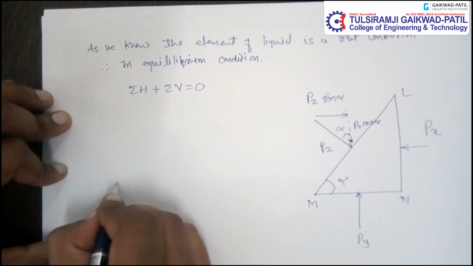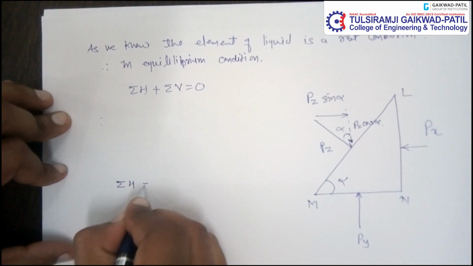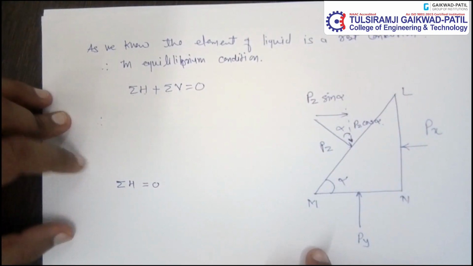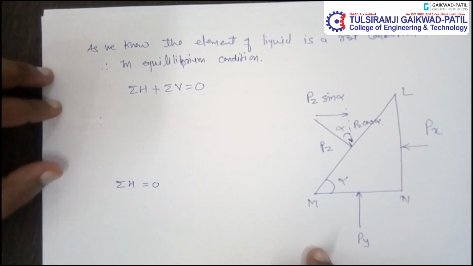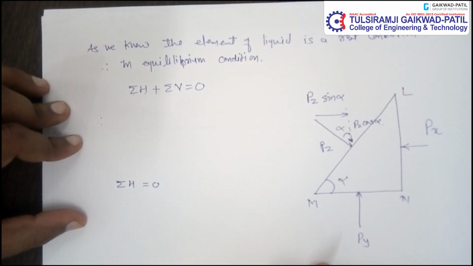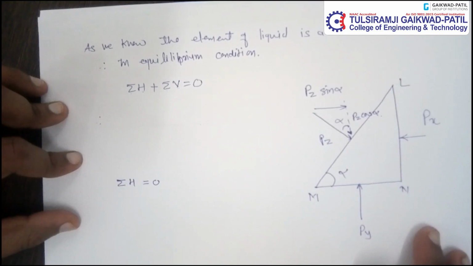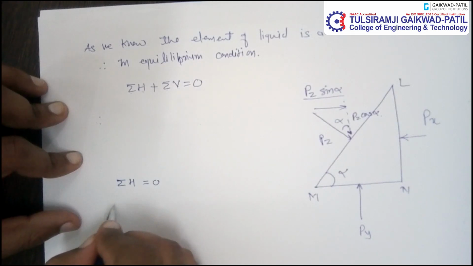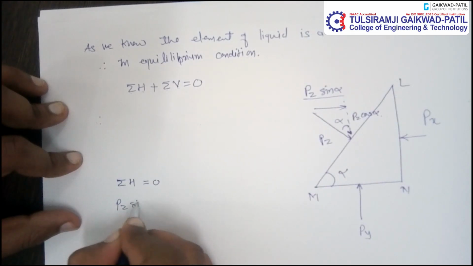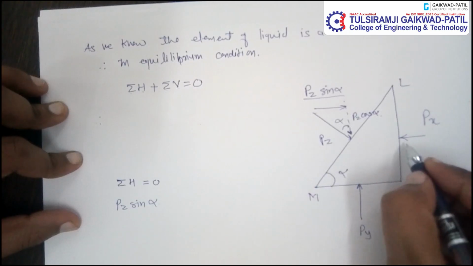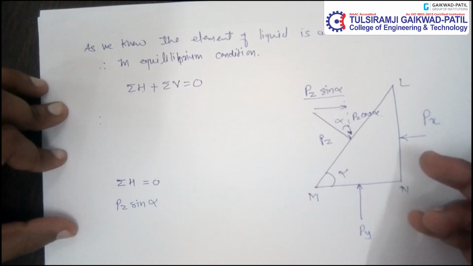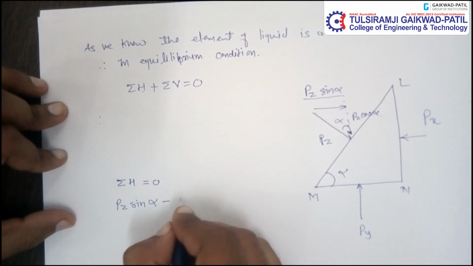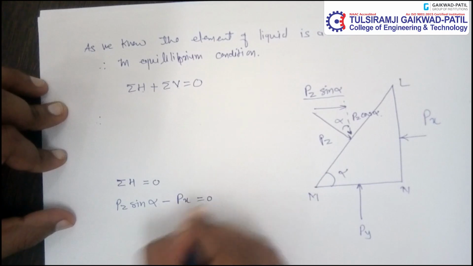So summation of all horizontal forces is equals to 0. तो हमें क्या करना पड़ेगा, इस फिगर में जितने भी हॉरिजॉन्टल कंपोनेंट है उसका समीशन लेना पड़ेगा. तो what is the horizontal component? So this is one horizontal component, Pz sin alpha, and this is again another horizontal component, but which is acting in this direction, so we will consider this in minus sign. Px is equals to 0.